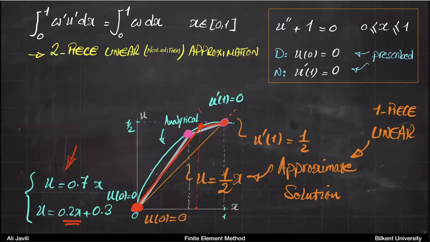So remember the slope at the end: for the analytical solution, the slope at the end was 0. For one-piece linear, it was 1/2. For two-piece linear, it was 1/4, which is 0.25.